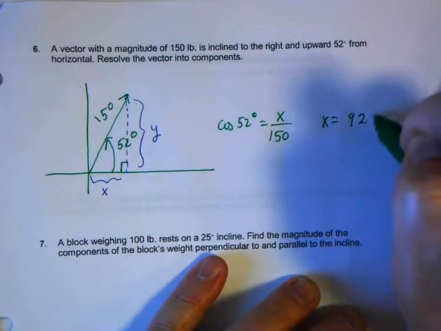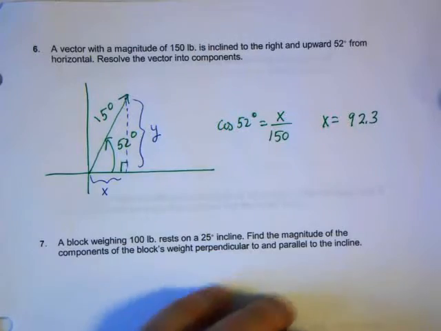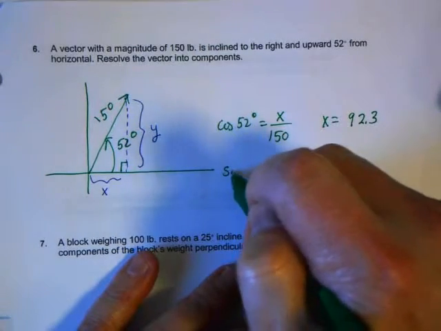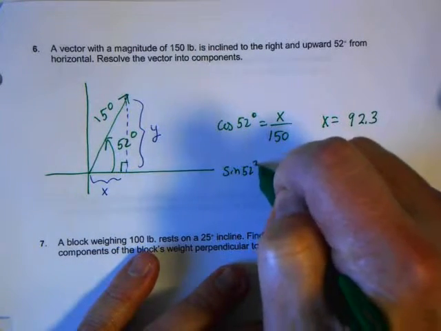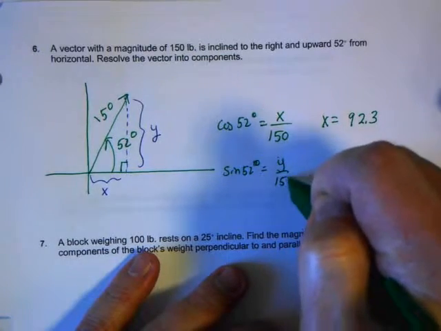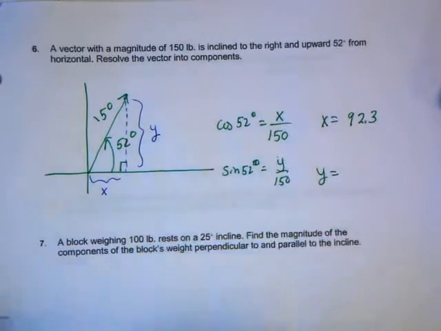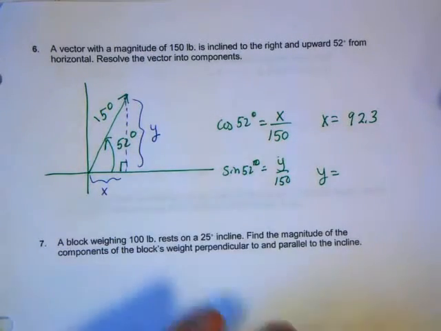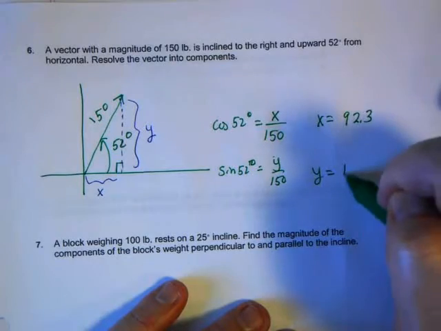X would be 92.3. And conversely, sine of 52 degrees would give me y over 150. So y is 150 sine 52, 118.2.